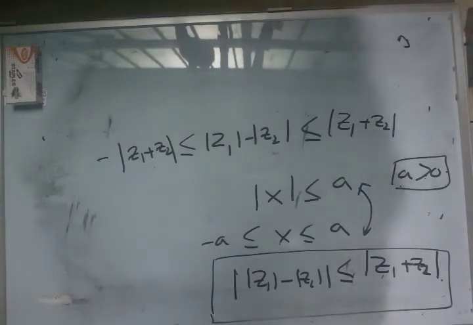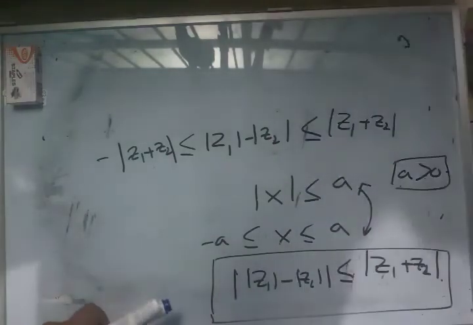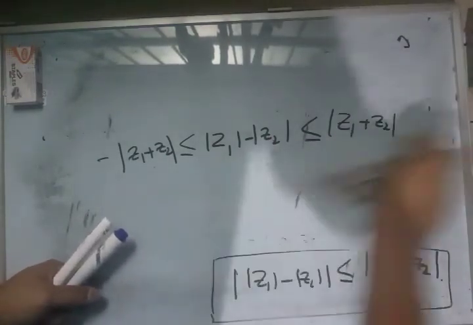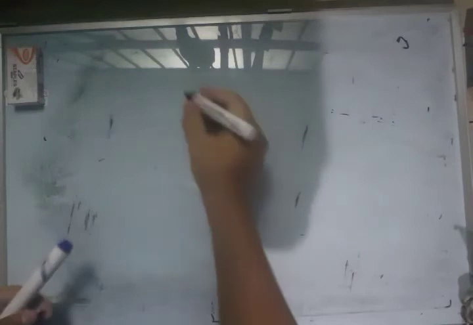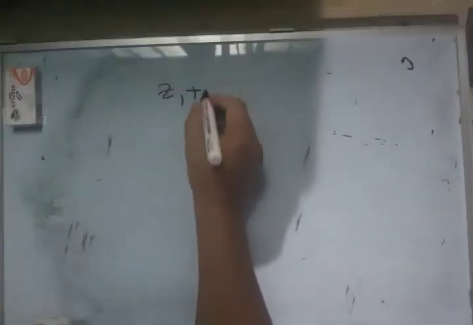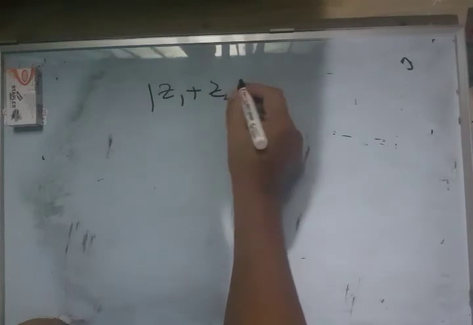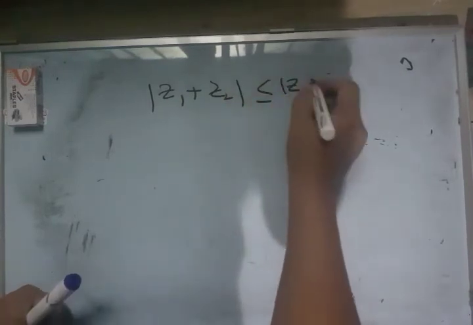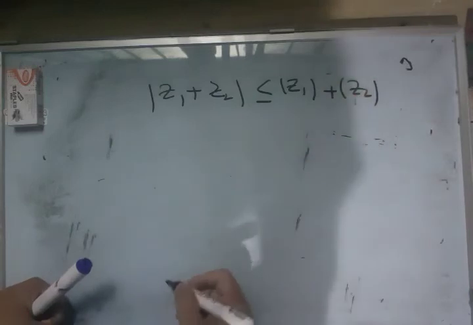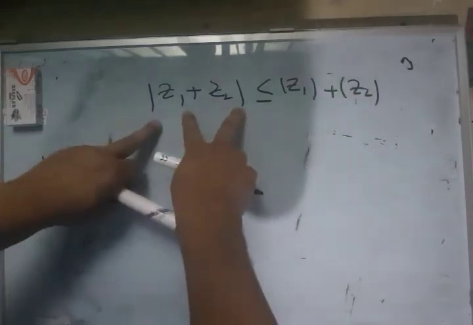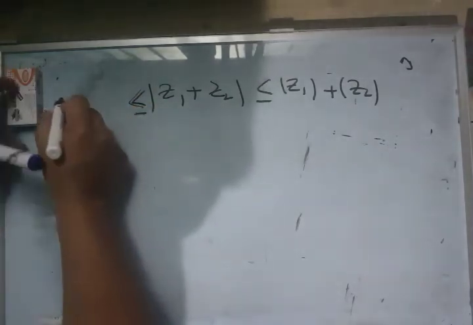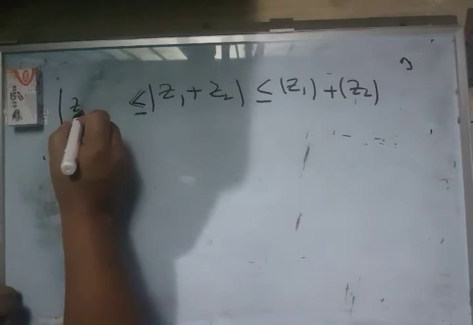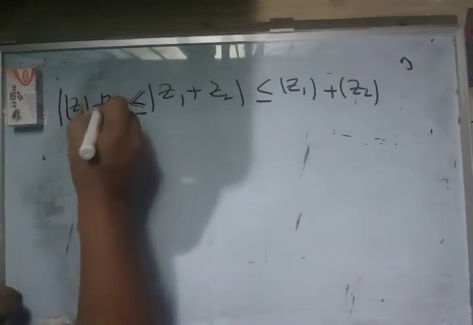Good. Now you can see here that we obtain two triangle inequality relationships. Let me write it in summary. So this is how you prove it. You obtain that the modulus of Z1 plus Z2 is less than the modulus of Z1 plus the modulus of Z2, and you saw that this is greater than the modulus of the difference of the two moduli.